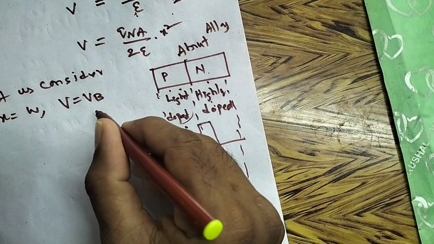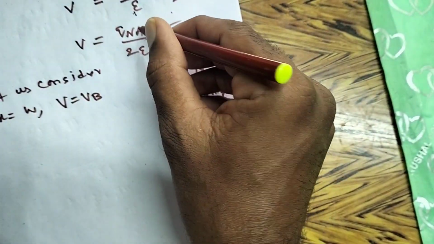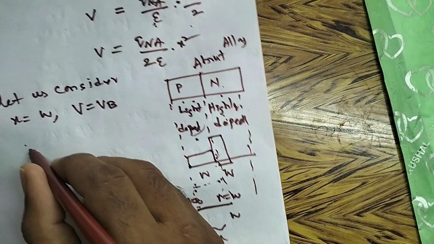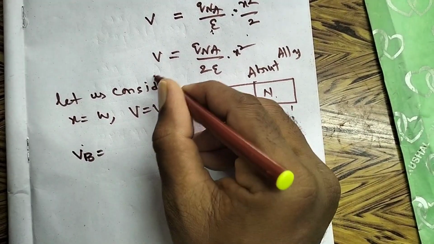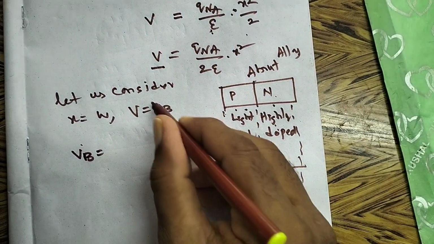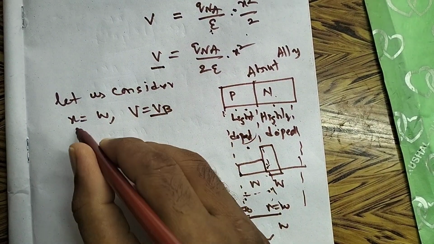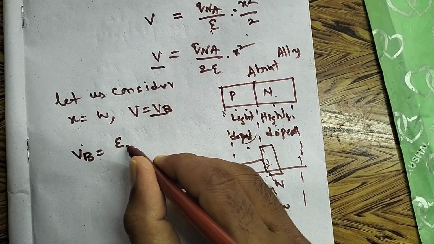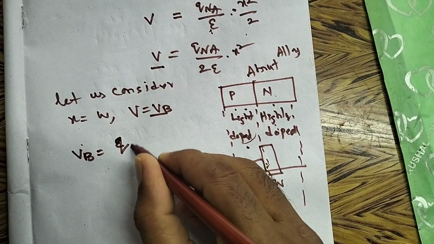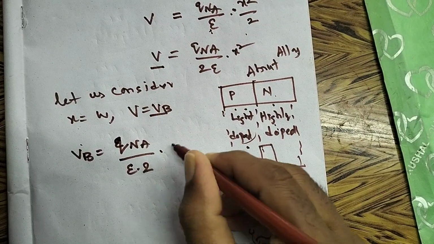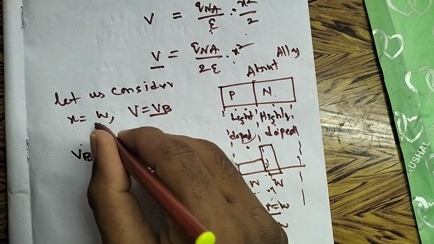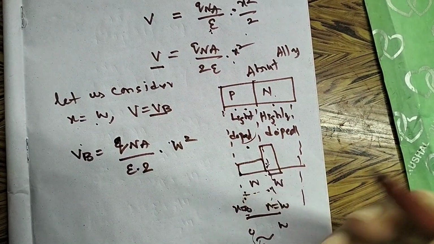With the help of these values, I am going to replace in the above expression. What is that? vb equal to q Na by epsilon into 2 into, in place of x, w square.